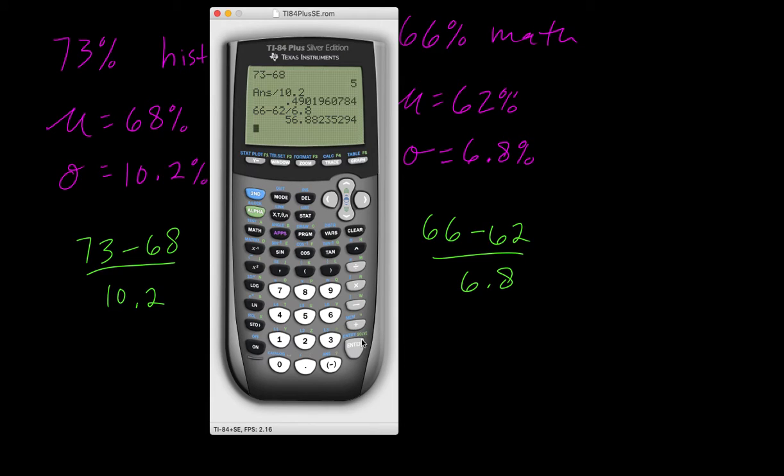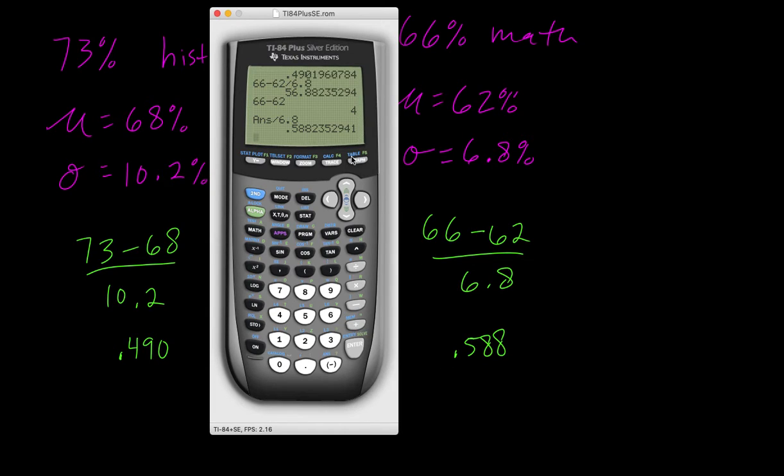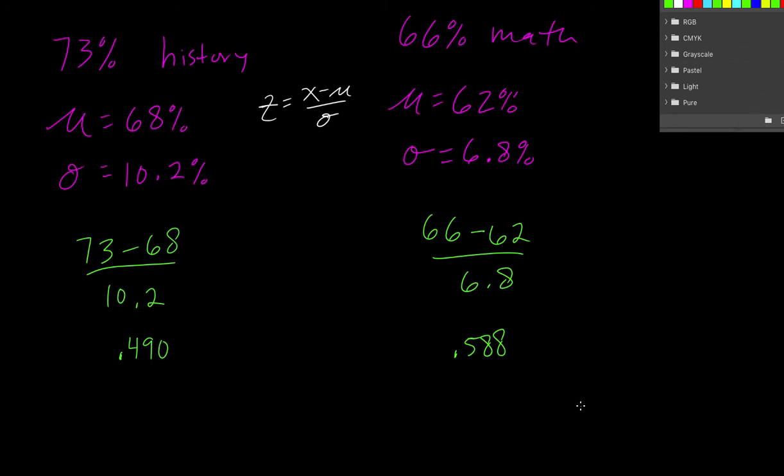Oh, whoops, no, that's not right. 66 minus 62, and then divide that by 6.8. Okay, so let's write down. We got 0.490 over here. And over here we got 0.588, I think. Yes. Okay.